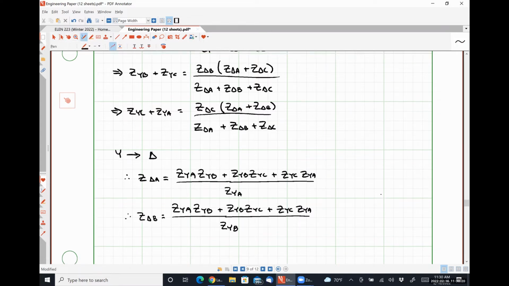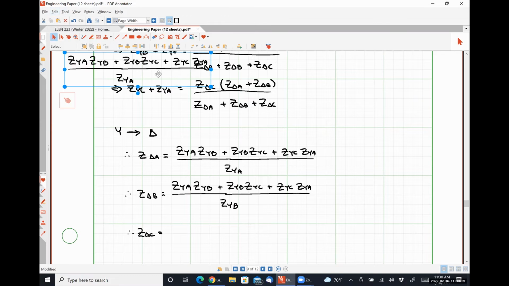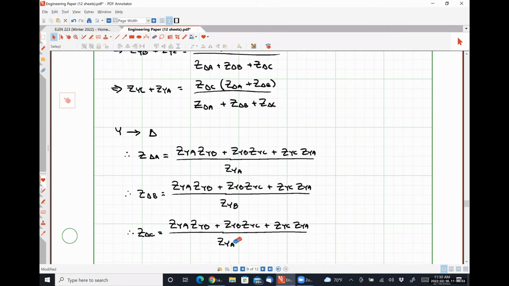And finally, Z delta C is the exact same thing, except that we have ZYC in the denominator. Okay.